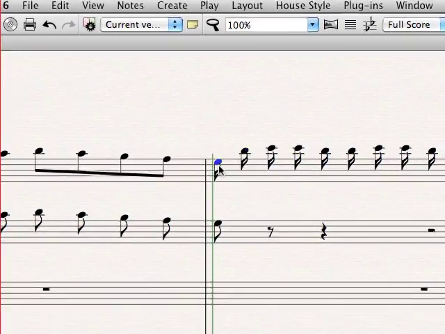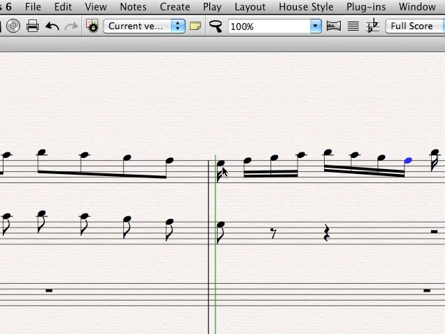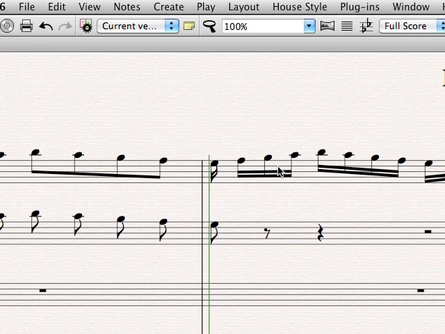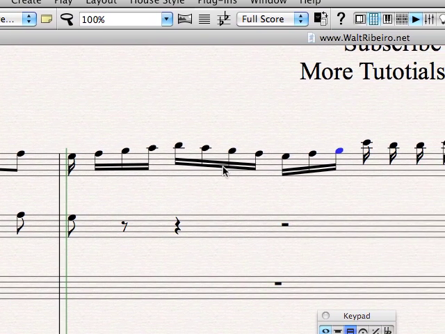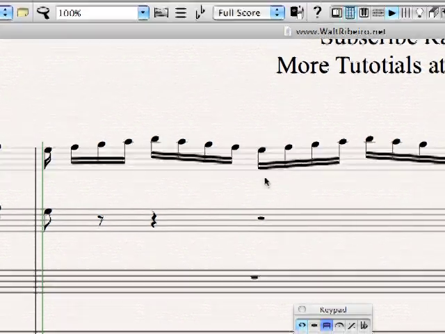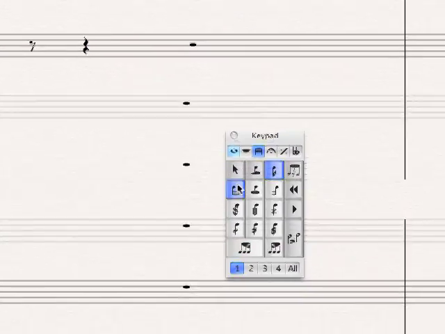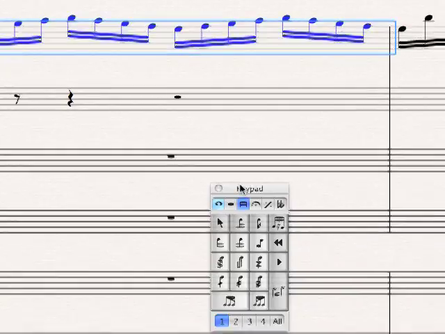Let's go E, F, G, A, B, A, G, F, E, B, F, G, A, B, A, G, and E. Okay. So in this example here, let's combine all of the eighth notes.